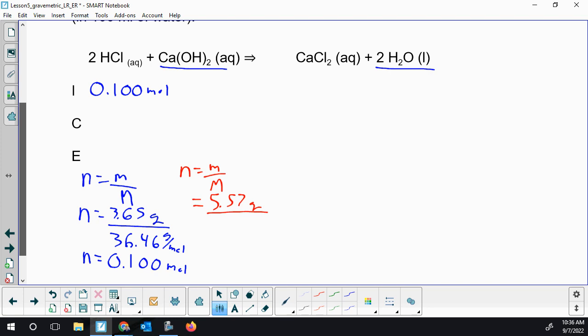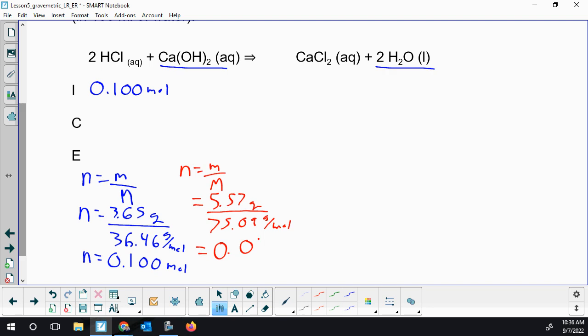We've got to double the O and double the H. So 1 calcium, 2 O's and 2 H's, and that's 75.09 grams per mole. So that is 0.0742 moles. Again, I got all the digits in my calculator.